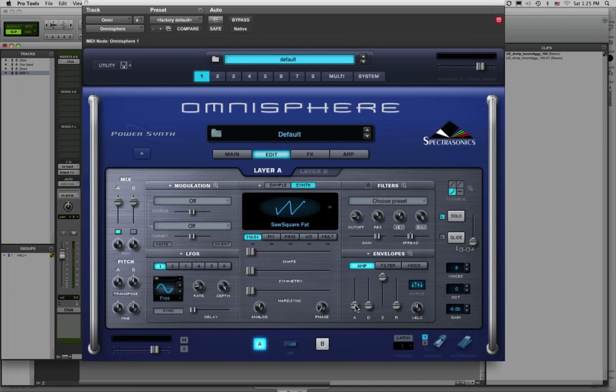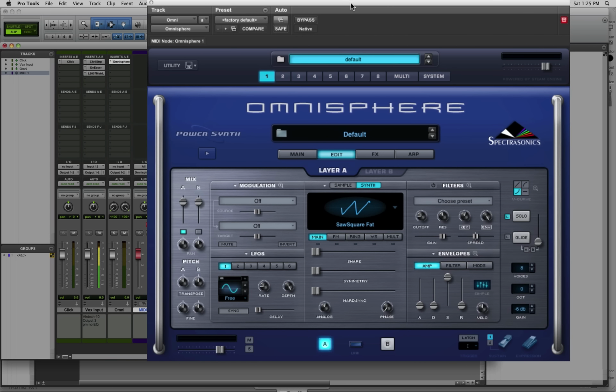Right now, it has a very, very short attack. It's almost vertical if we were to draw that. It has no decay, basically. The sustain level is at full, and the release is immediate.